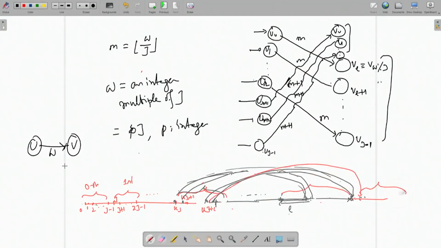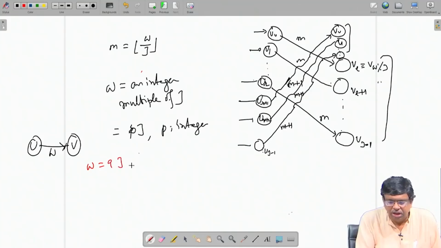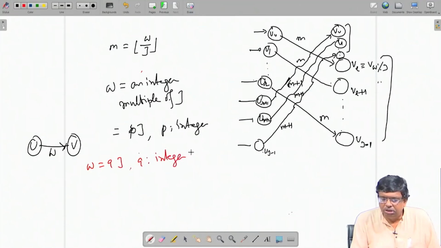Okay. After this repetition of the explanation, I hope now it will be clear to you. Suppose, as an example, this W is some integer multiple of j, some q times j, q some integer. Then what will be the structure?